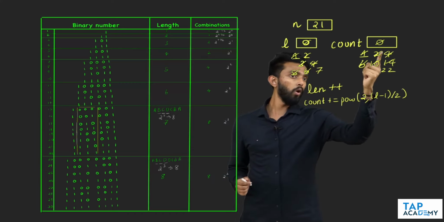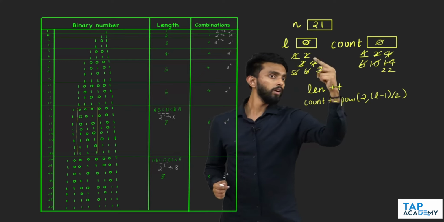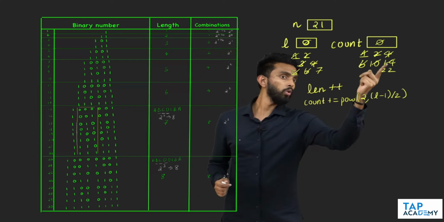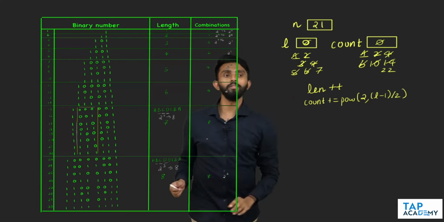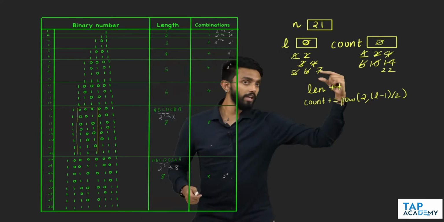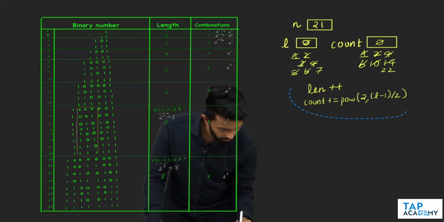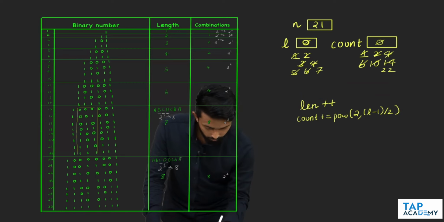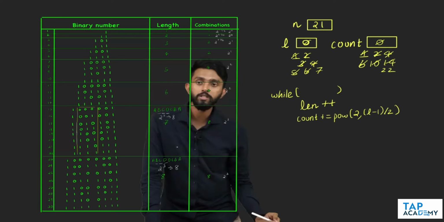Look at the value of count. It was lesser than n. Length, count was lesser than n. Length, count was lesser than n. Finally, length 7, count is greater than n. When it became 7, count became greater than n, which means this particular part must only be performed as long as a certain condition is satisfied.